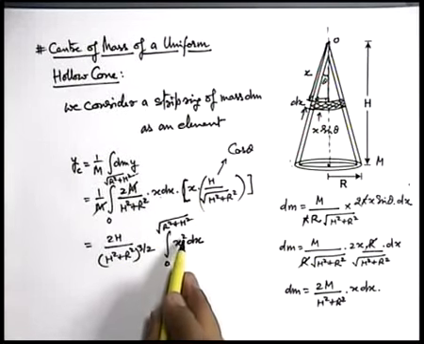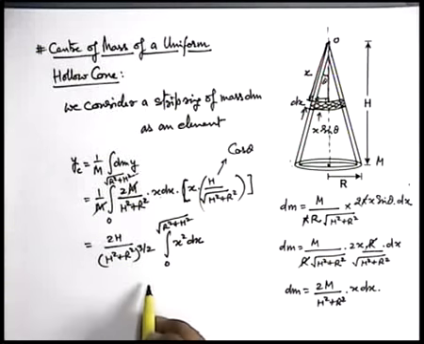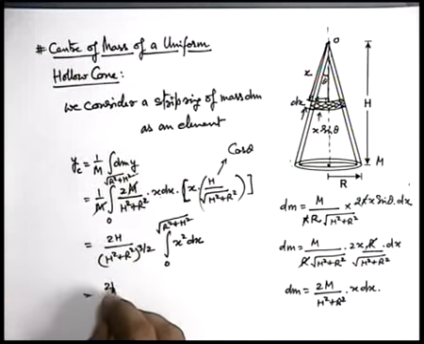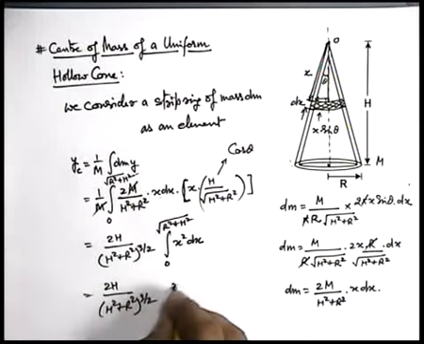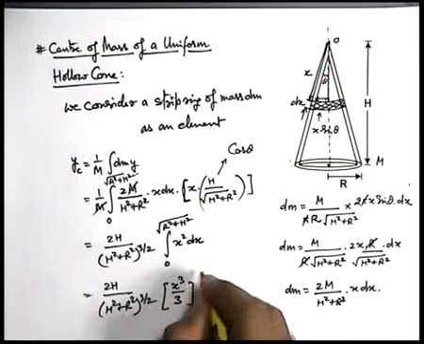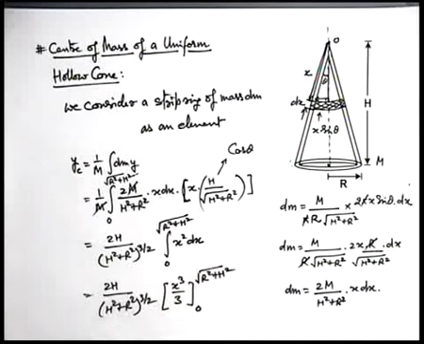This will be integrated as x cube by 3. So this will be 2h upon h square plus r square to power 3 by 2, this is x cube by 3 and limits will be from 0 to root of r square plus h square. Now let's follow it on the next sheet.